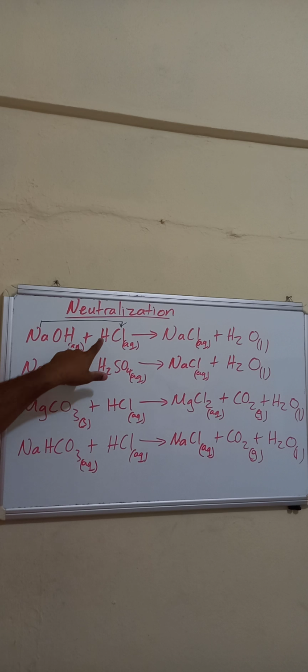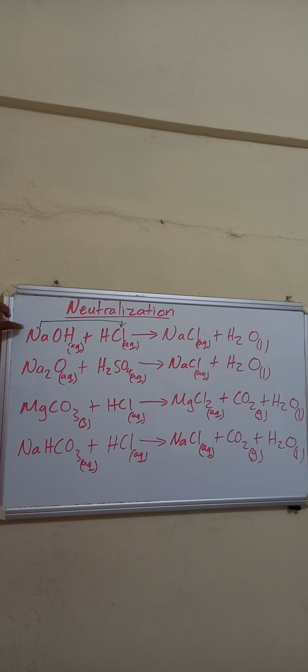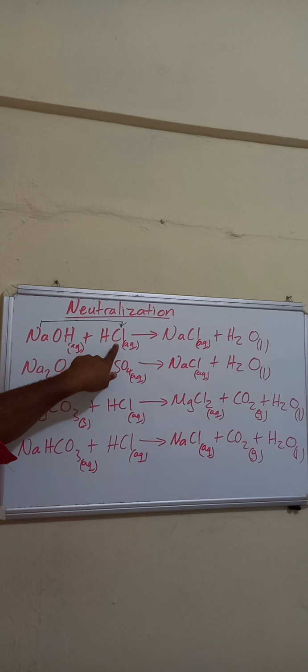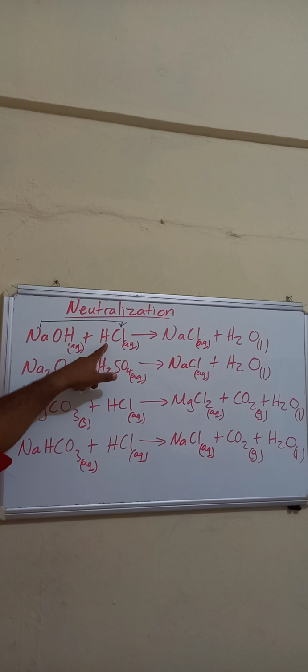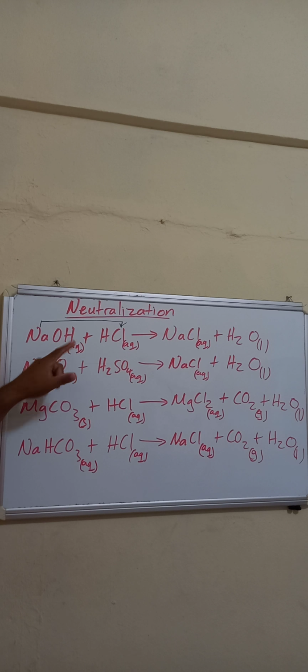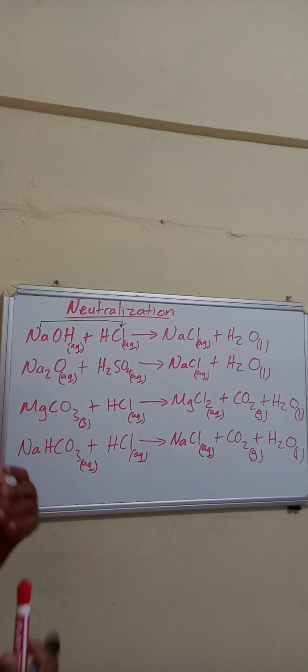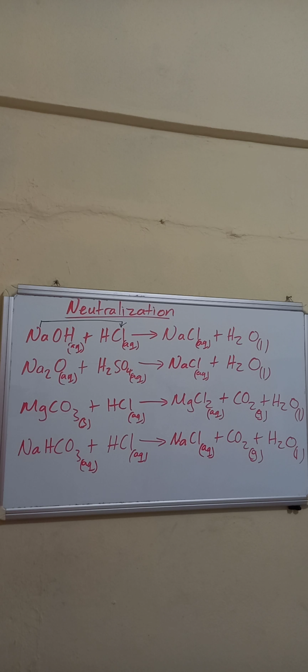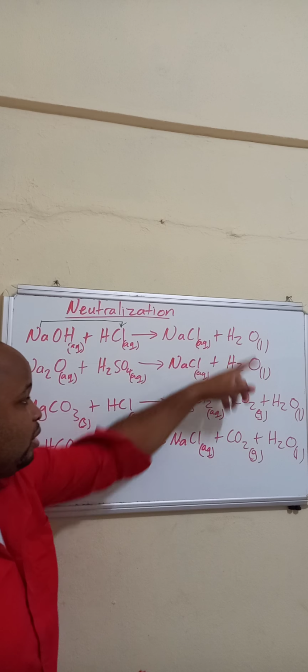So the acid is always the hydrogen ion attached to a negative ion. So you just combine the sodium ion with the negative ion of the acid. So it is sodium chloride. And the hydrogen ion and the OH ion will come together and form water.